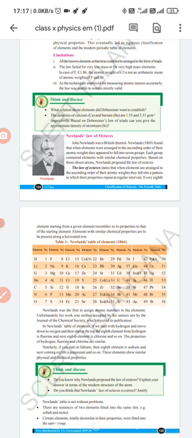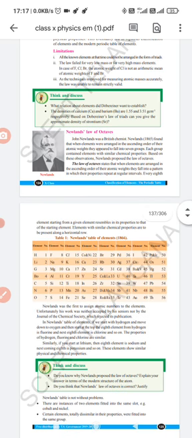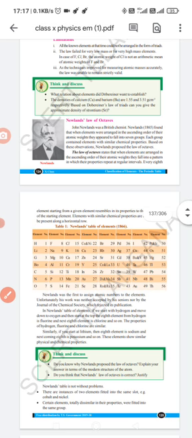Now we will go through the statement once again. I'm explaining this statement. The law of octaves states that when elements are arranged in ascending order of their atomic weights, all the elements present in table 1 are arranged in the ascending order of their atomic weight.